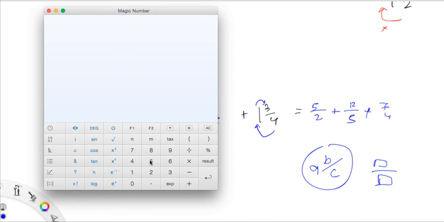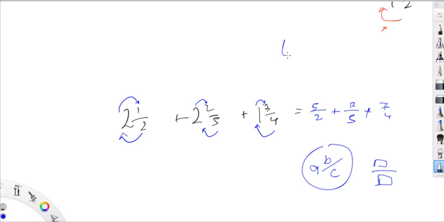So 5 fraction button 2 plus 12 fraction button 5 plus 7 fraction button 4 does it all for us, and the answer is 6 and 13/20.